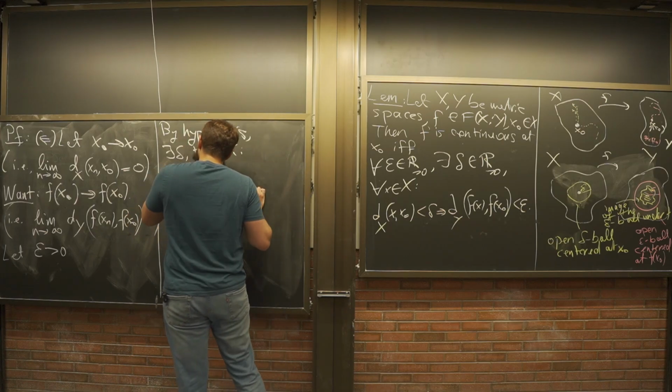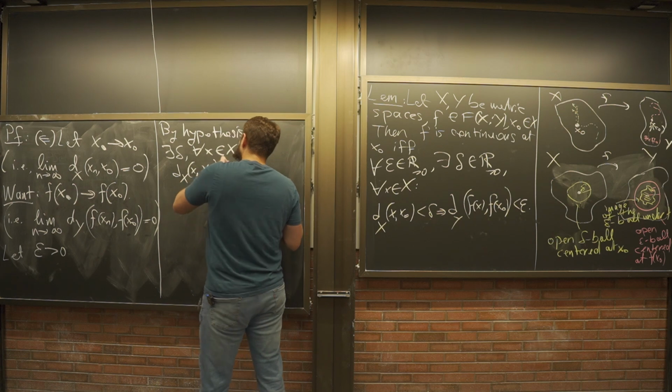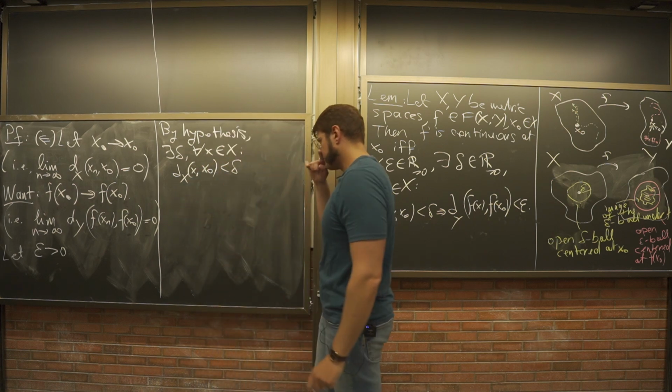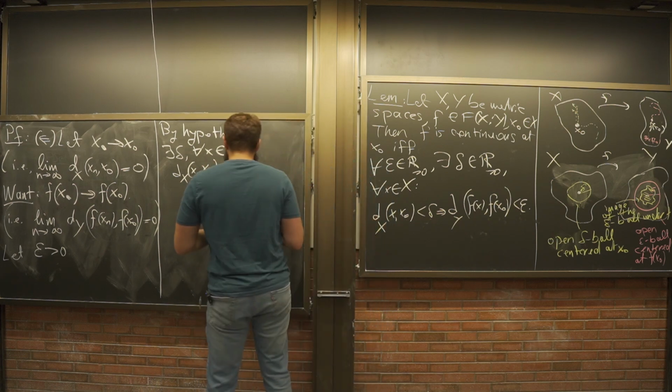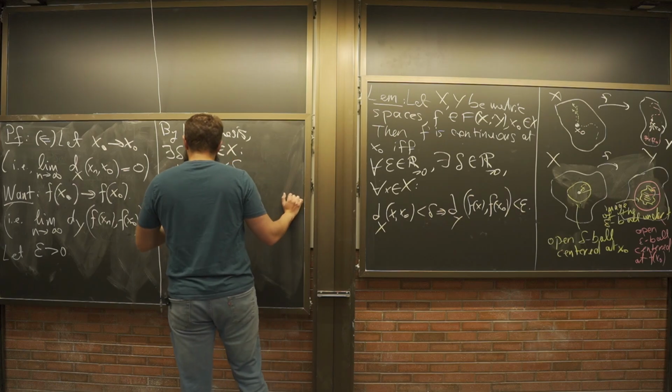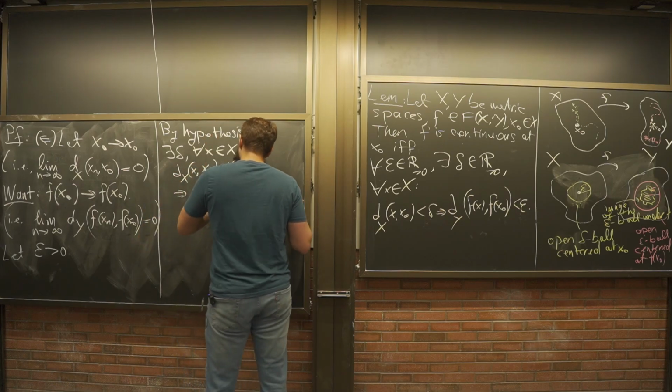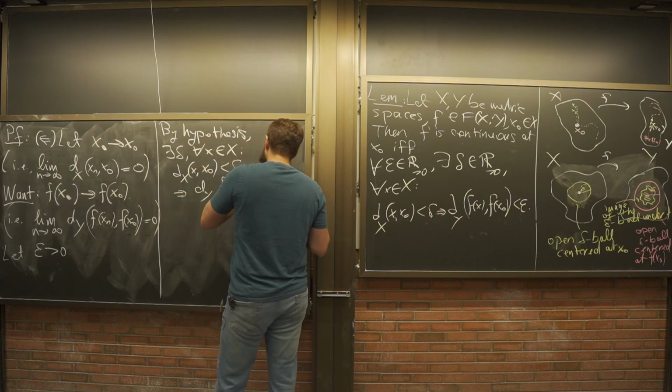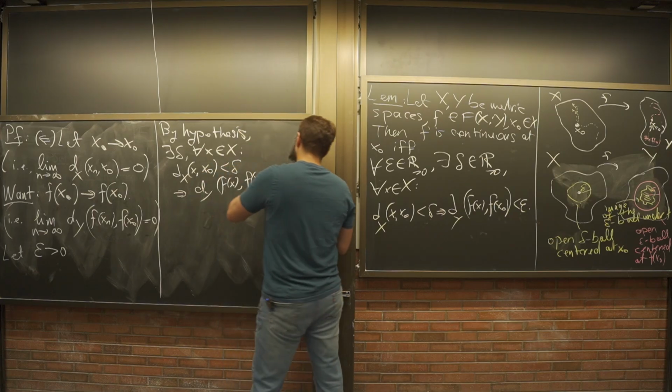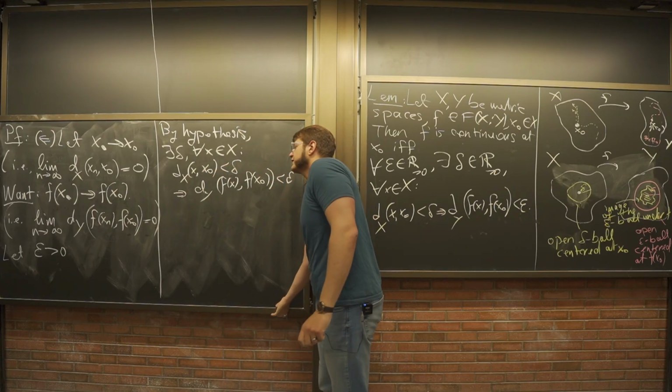If x is within delta of x0, I know that f of x is within epsilon of f of x0.